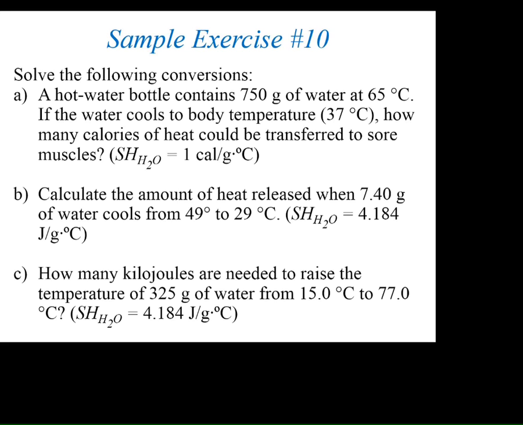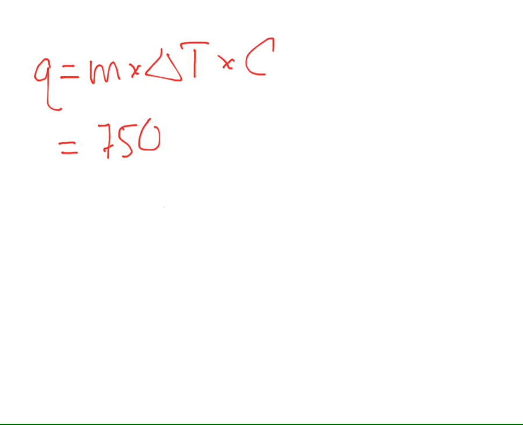I'm going to put it on my little whiteboard, but you have to tell me all the numbers. So Q equals M, delta T, and C, right? What was the mass of the hot water bottle? What did it say? 250 grams?